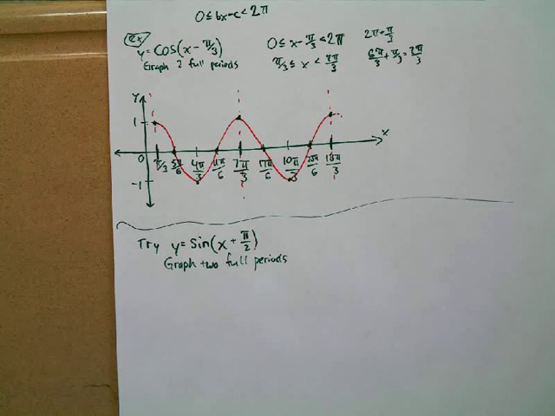The zeros are right here. Okay, gotcha. So that does work. That is 2 full periods on that graph.